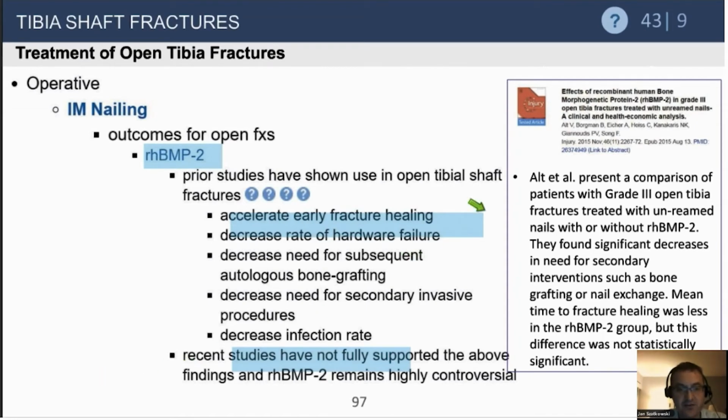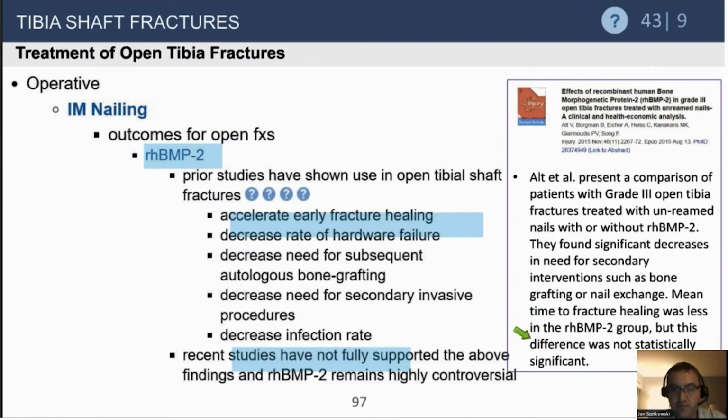So once again, in this study, effects of human bone morphogenetic protein, BMP-2, in grade 3 open tibia fractures treated with unreamed nails, a clinical and health economic analysis. In this study, done more recently, they found significant decreases in need for secondary interventions such as bone grafting or nail exchange. Mean time to fracture healing was less in the BMP-2 group, but this difference was not statistically significant.